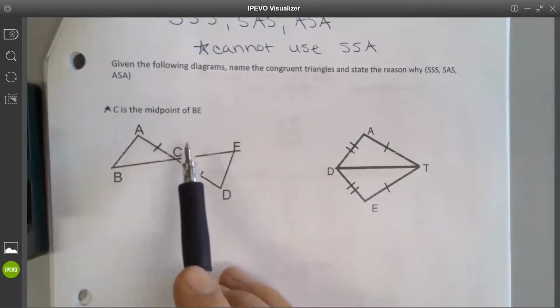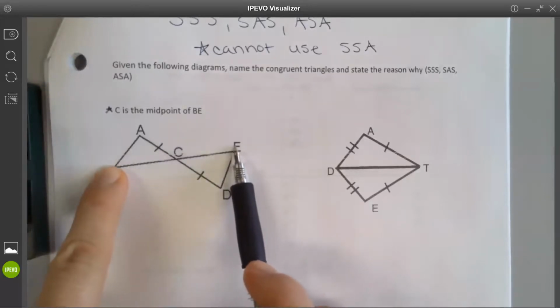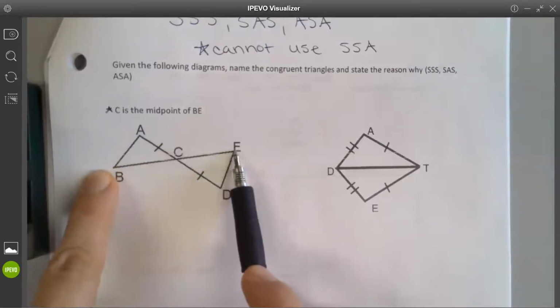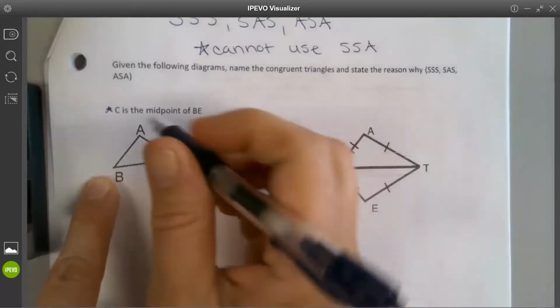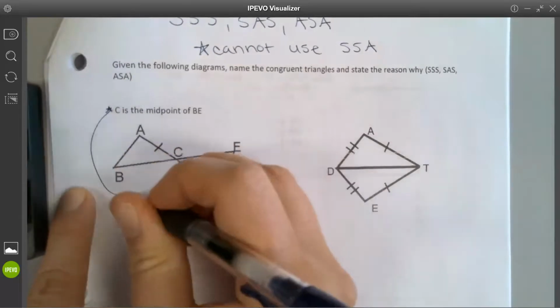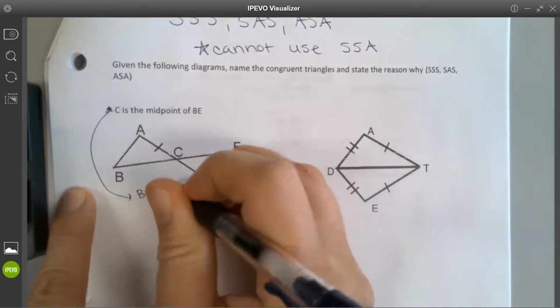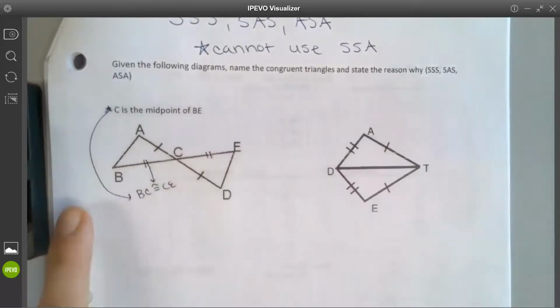If C is the midpoint of BE, what does that mean is true? What does midpoint mean? It's in the middle. So it's telling us this, which allows us to say that BC is congruent to CE, right? That I could label this like that.